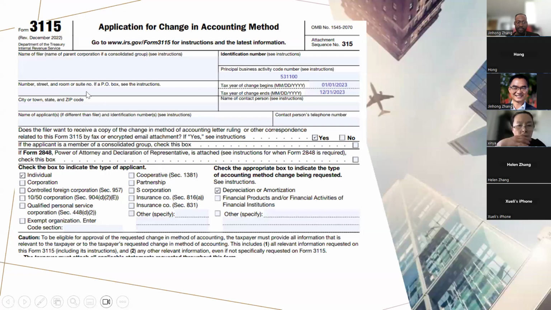I left the name and address blank, but we have the principal business activity and the tax year that you want the change to begin. And if you want to receive a copy, you can click yes there. This is an individual, and they're going to be having the depreciation recaptured.